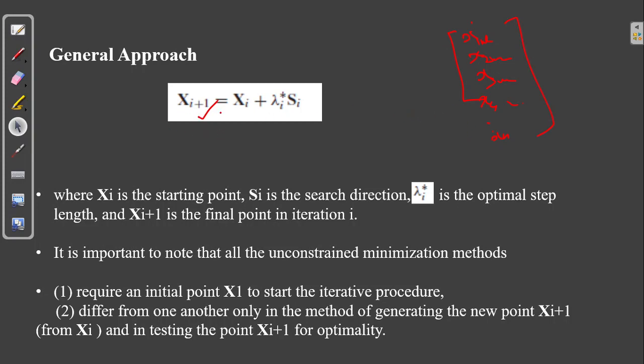This xi plus 1 is derived from the initially given value, xi. The expression is xi plus lambda i star into si, equal to xi plus 1, where xi is the starting point and si is the search direction.